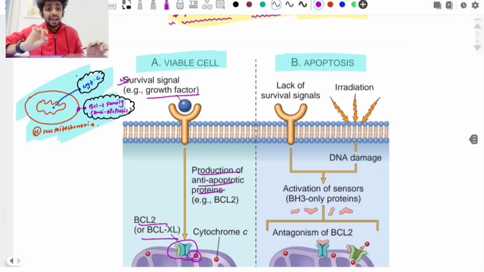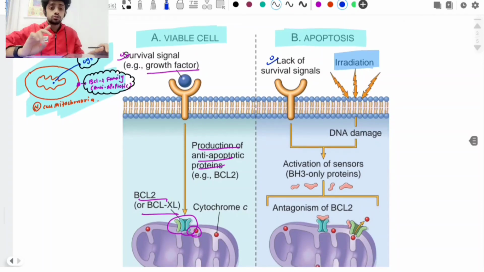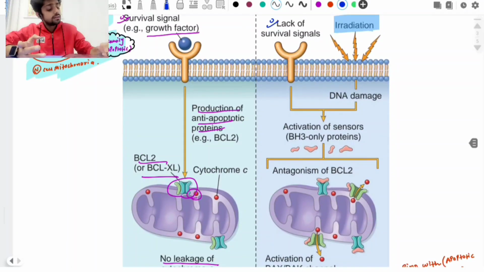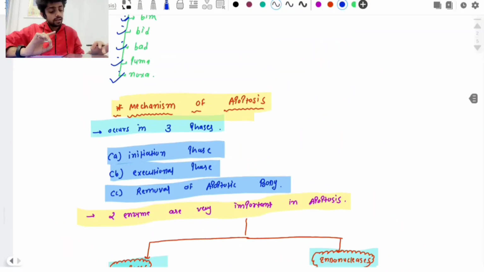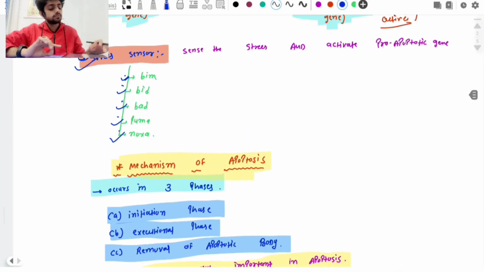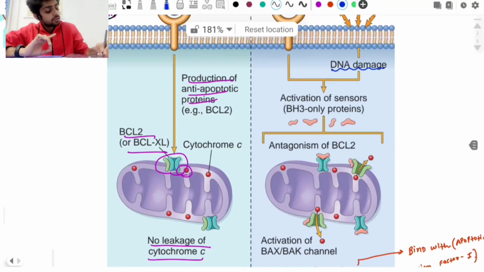But due to any reason, such as radiation or any other DNA damage, that can lead to a lack of survival signals. Now with the lack of survival signals and the DNA damage, first of all that can lead to the activation of what? Our most important, as I already told you, activation of stress sensors. Those stress sensors are BIM, BAD, PUMA, which belong to the BH3-only proteins.